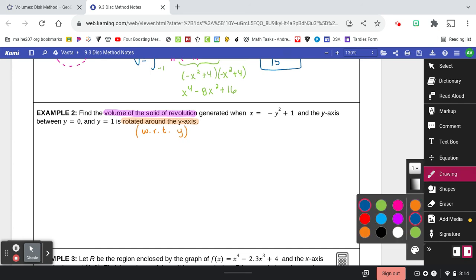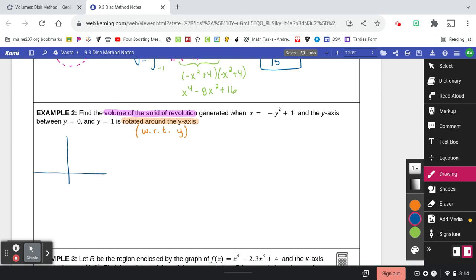So if I sketch a picture of this graph, negative y squared plus 1 is going to look like this. It's going to go to 1 and 1, and it's going to look like this.